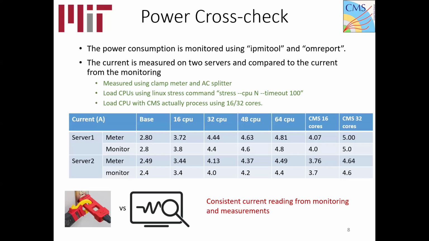We also load them with the actual CMS workflows, loaded about 16 and 32 cores. So under different scenarios, we found that the current given by the 2 methods is very consistent with each other, which means that the power reading that we got from the monitoring is reliable, and then we can move on.